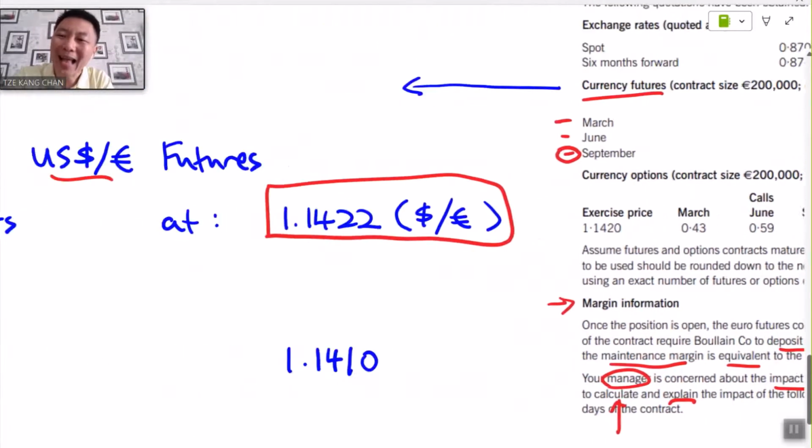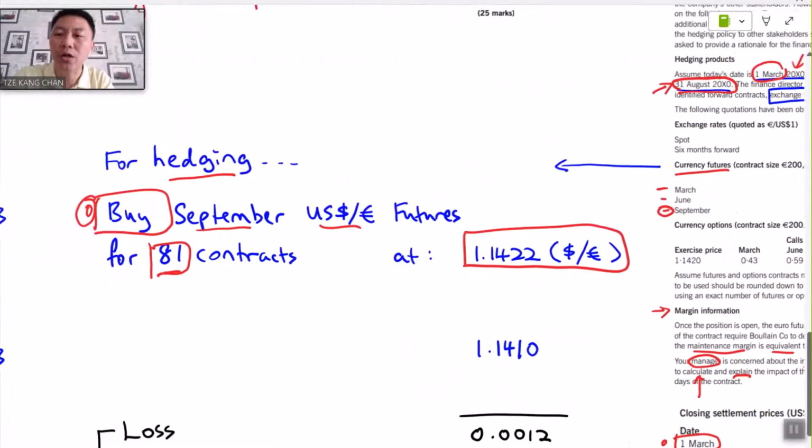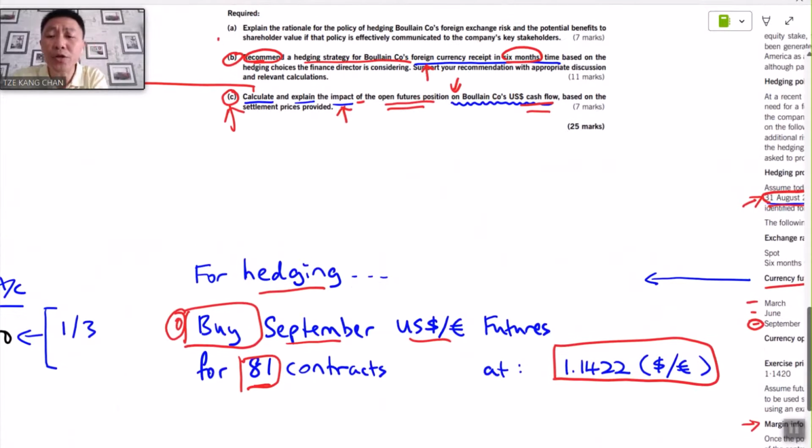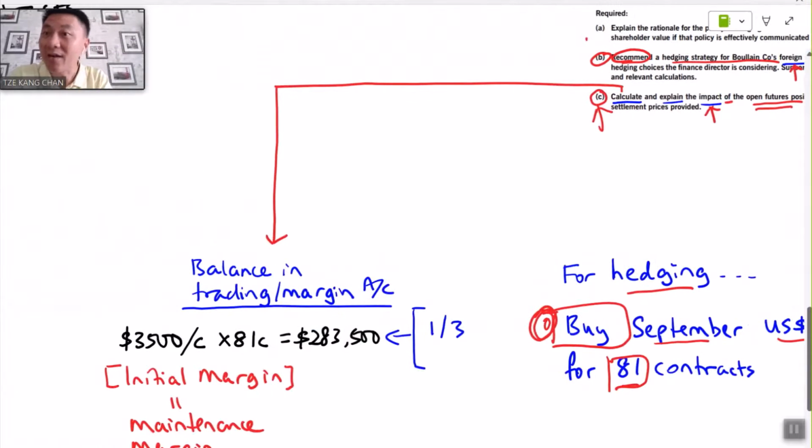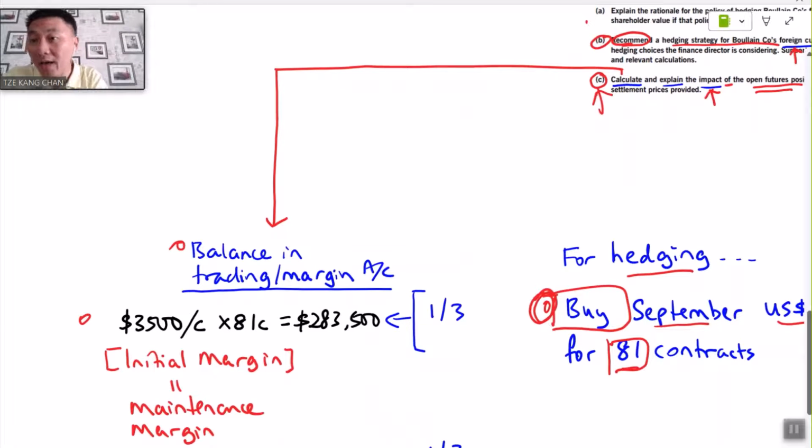So, what happens on 1st March when the futures contract is bought? It requires the trader, which is Company B, to create a margin account. To do so, it requires an initial deposit, as discussed and referring to the information provided by the exam question, based upon $3,500 per contract.